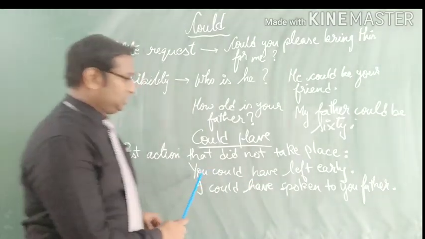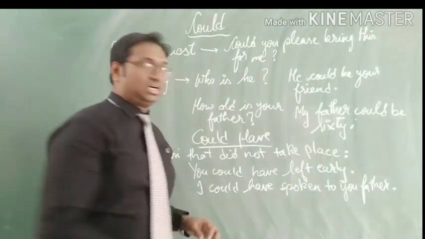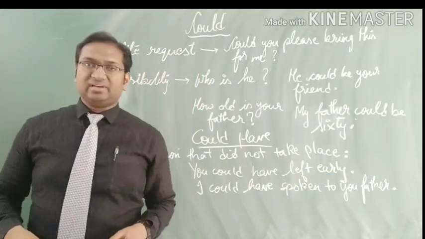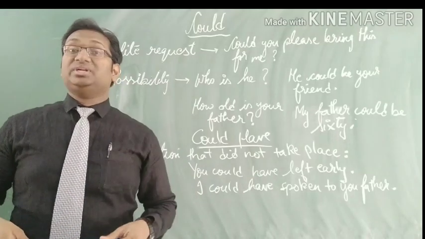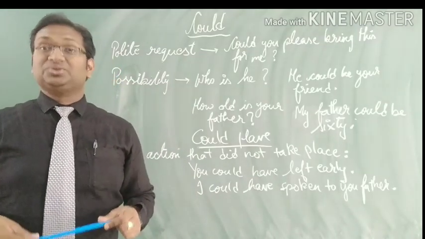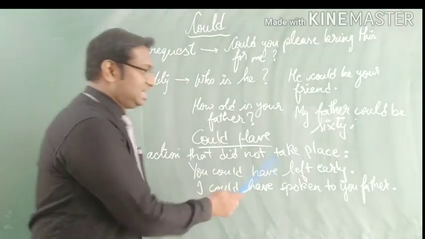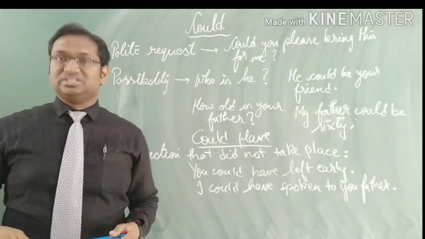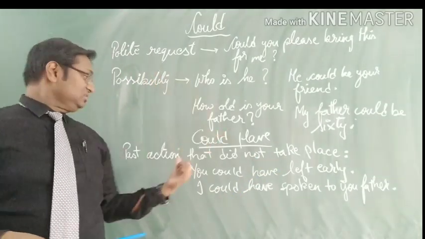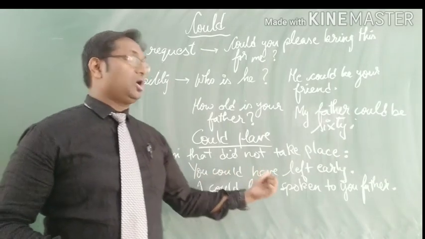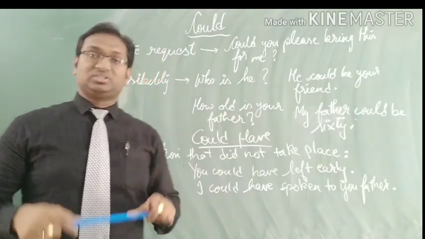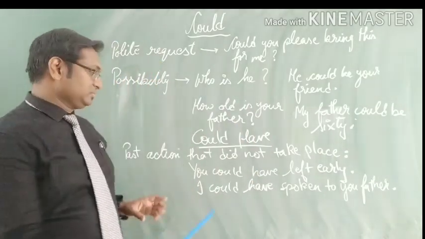Example, you could have left early. You could have left early but you did not. You tried to leave early but you did not. So, action that did not take place. For that we use could have.